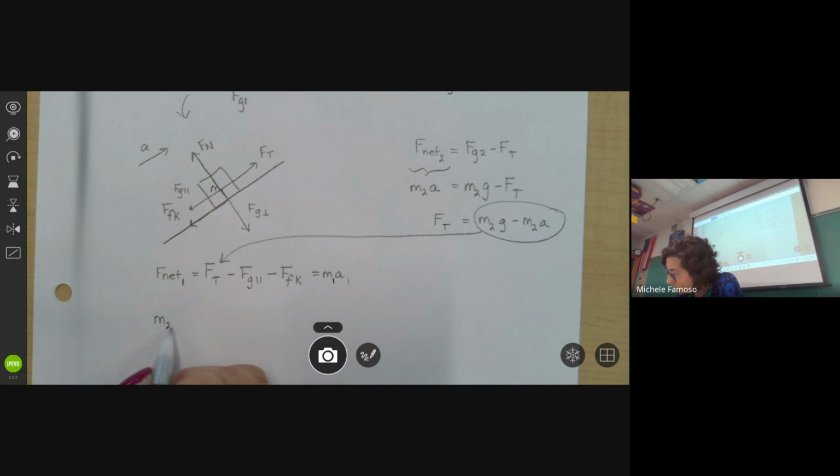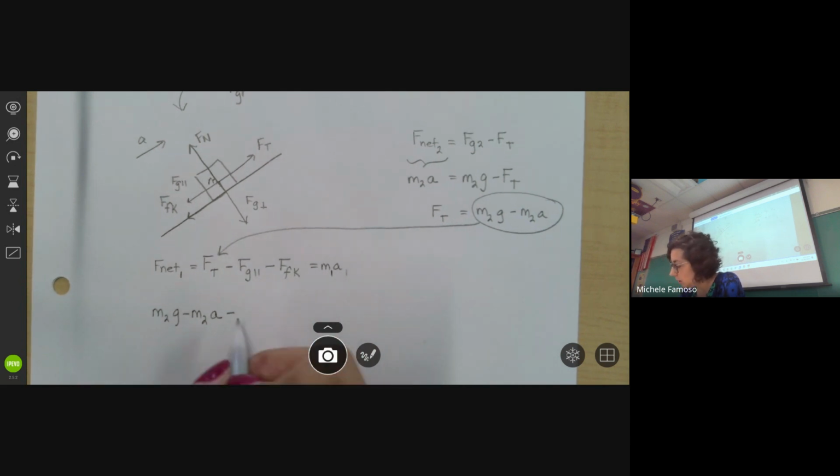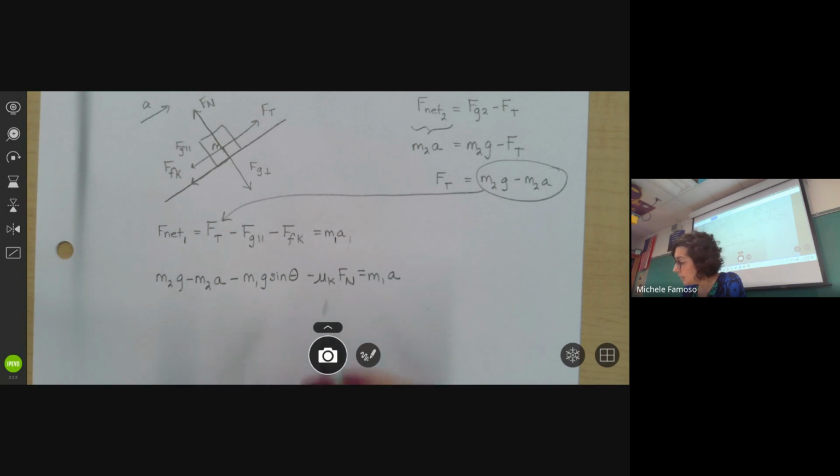And what I'm going to do is take this and plug that into this equation for tension. So M2G minus M2A minus, now let's replace FG parallel. That would be M1G sine of theta. The force of kinetic friction would be mu k times the normal force. And that has to equal M1A. Now, the normal force is going to get replaced.